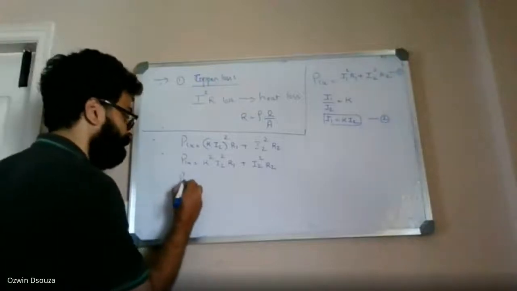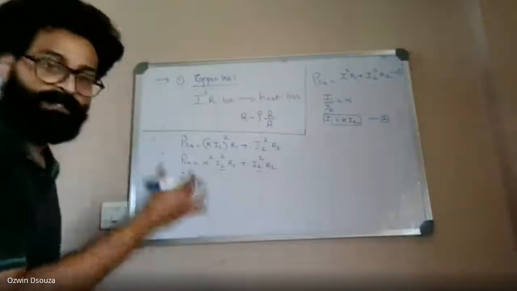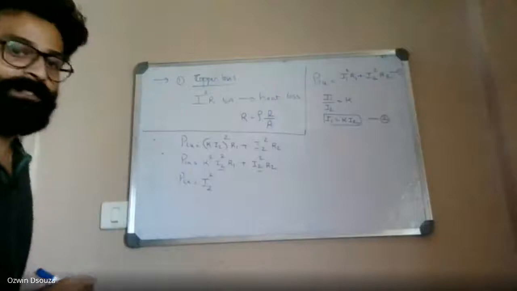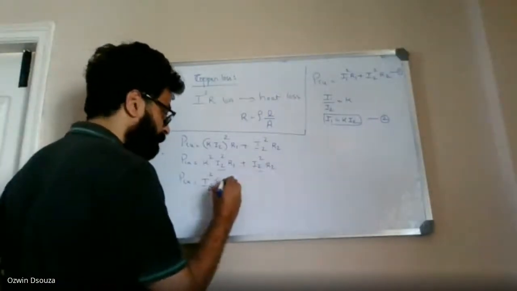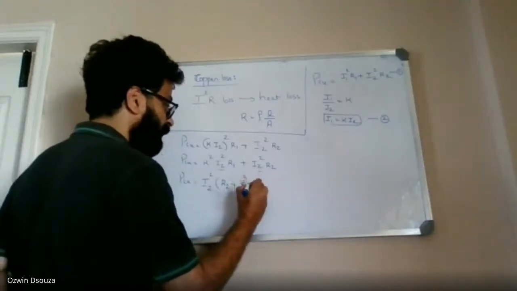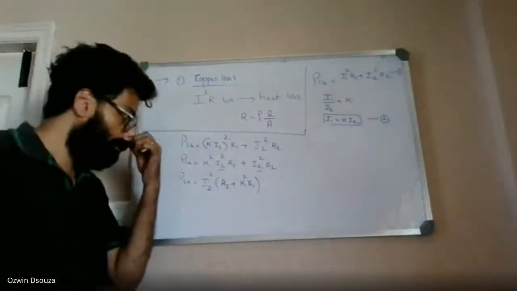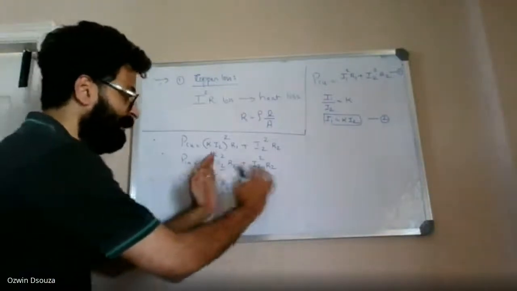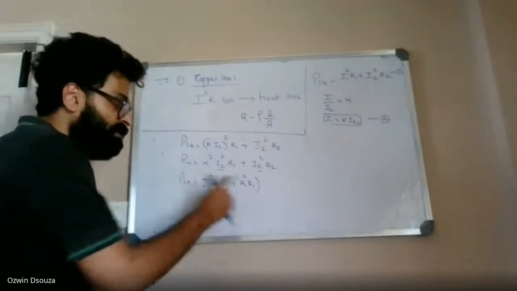Or you can write PCU is equal to, let us take the current as the common factor, let's keep current outside the bracket. So I get I2 square into R2 plus K square into R1. If you look at the equation, you would see that it is something like I square into R, but in that R, you have R2 as well as R1.